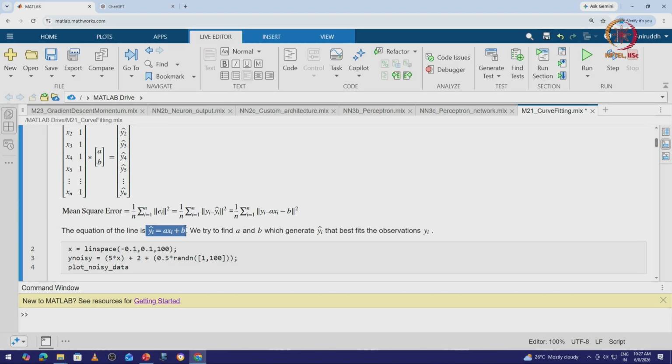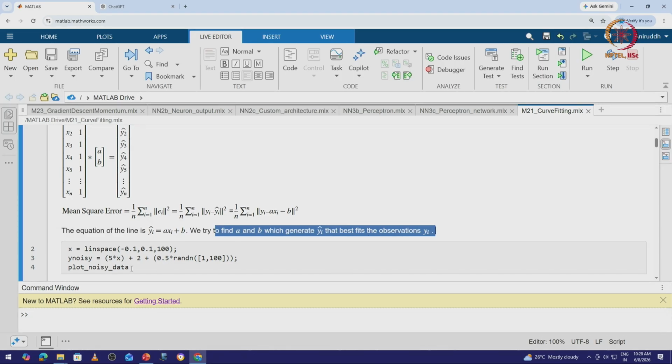This is just given as a form from the equation. So y1 cap is equal to ax1 plus b, y2 cap is equal to ax2 plus b, and so on. Now the goal is to find a and b to generate the y cap, which is the prediction that is the closest to the ground truth.